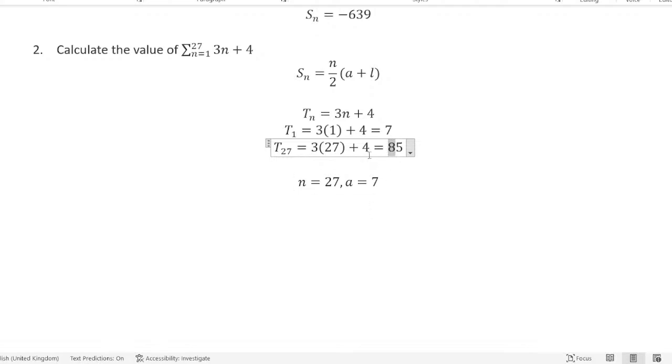Then when you substitute to this formula, n is 27, divided by 2. The value of a is 7.